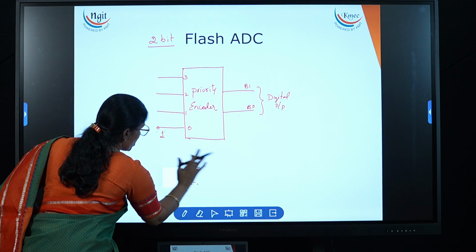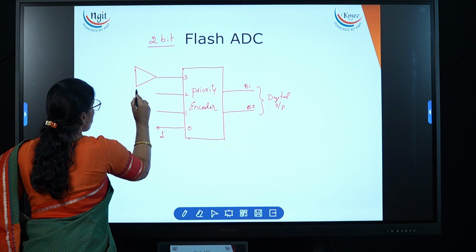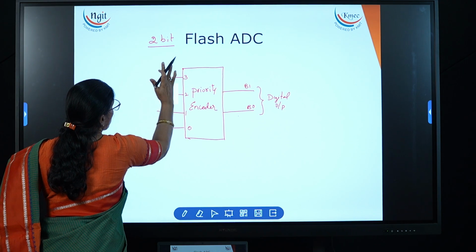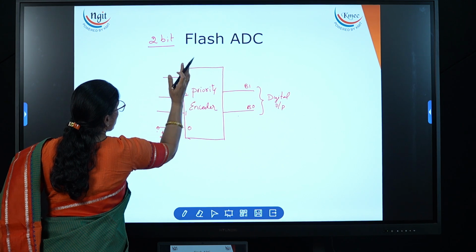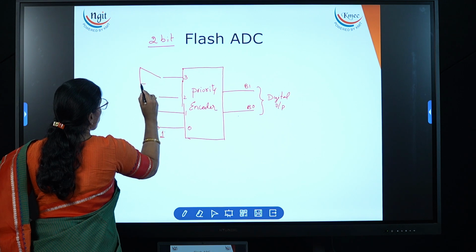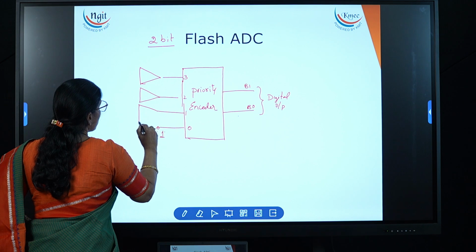So what is a comparator? Just now I have explained. Here this is one comparator and this is one more comparator. So comparator 1, comparator 2, comparator 3.